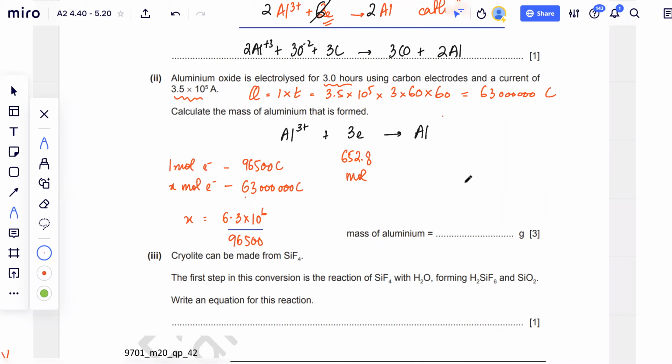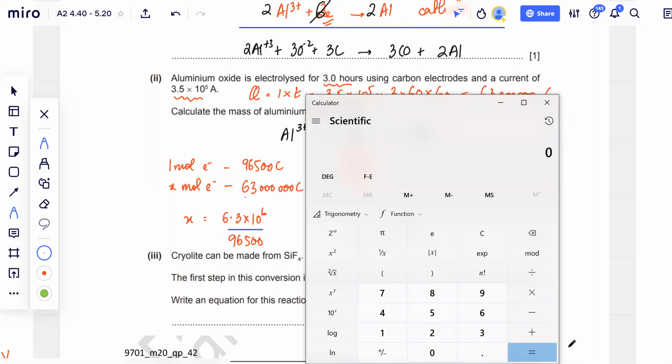Sir, I don't think the answer that you got above for Q is equal to IT is correct, because the answer that I'm getting is 3.78 into 10 to the power 9 if I put it into significant figures.